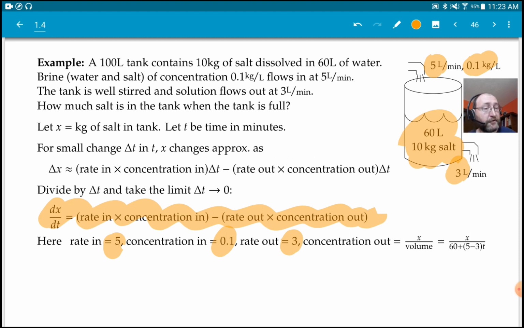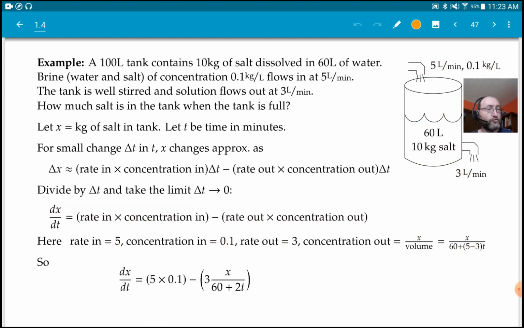The amount of salt is X, so that's easy. What's the volume? Well, the volume changes. We're starting at 60, and it's changing. 5 is coming in, 3 is coming out, so it's 5t minus 3t, so 60 plus (5 minus 3)t is the volume.